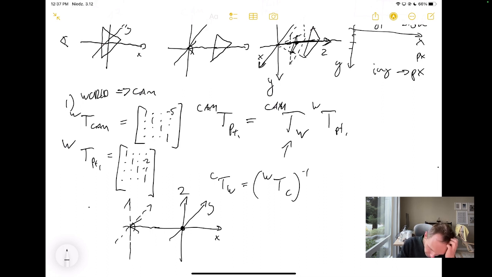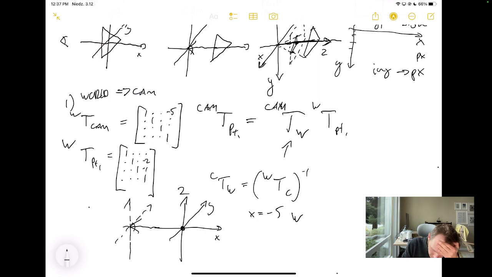The beginning of the camera coordinate system is at x equals -5, I predict, so this is the camera in world.